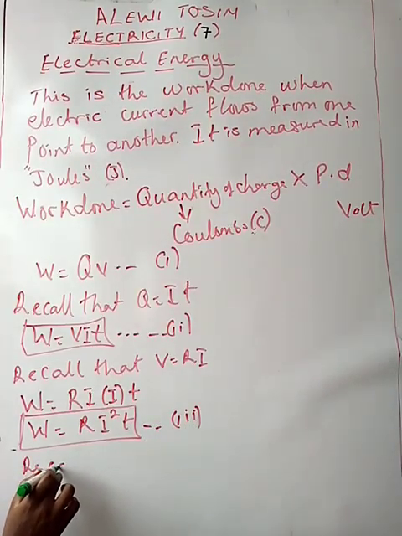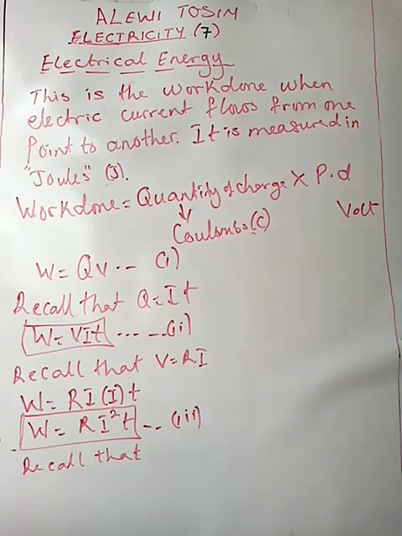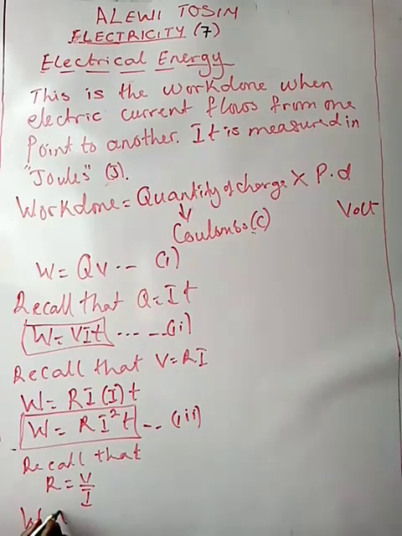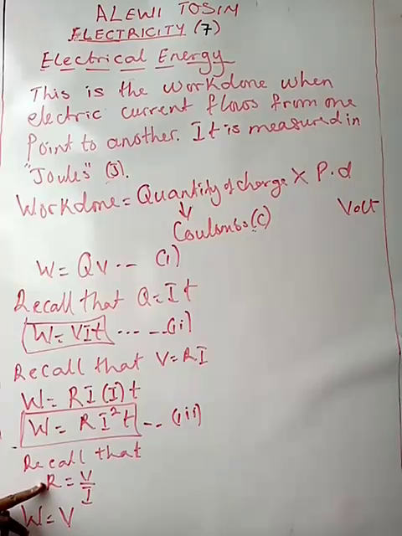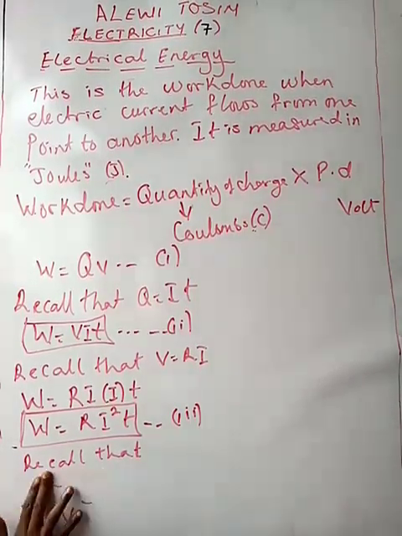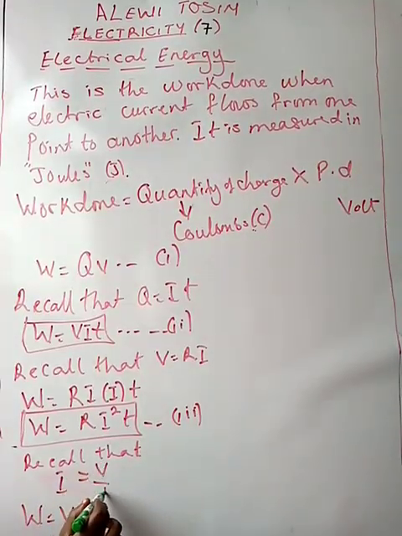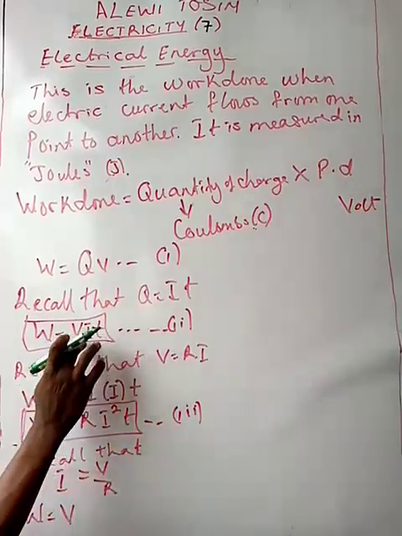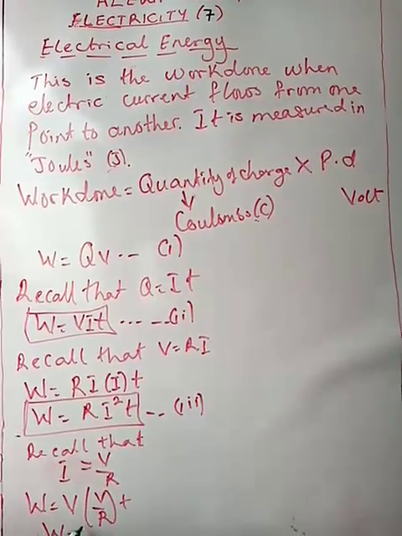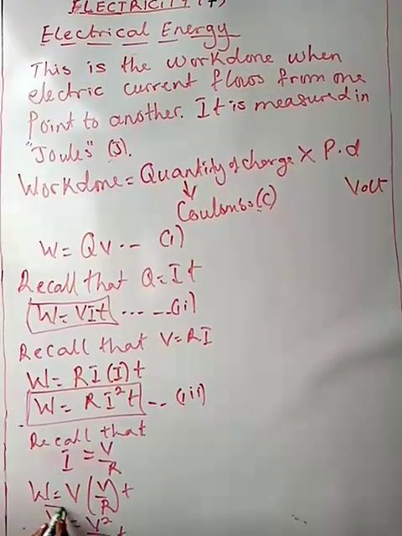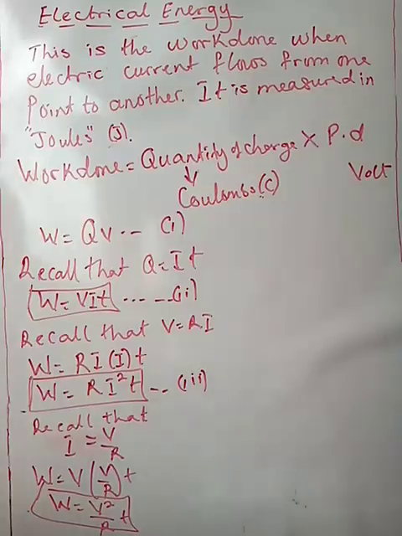Now, we can also recall that from V equals RI, we can say that R is equal to V over I. Let's now solve for I equals V over R, so that in W equals VIT, our I will now be V over R, then this is T. So that we have our W equal to V squared over R times T. That's another formula for finding our electrical energy.